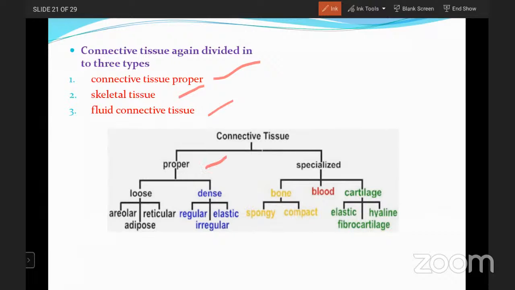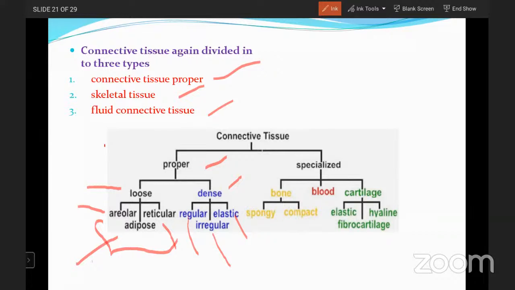The connective tissue proper is again divided into two types: loose connective tissue and dense connective tissue. Loose connective tissue is divided into three types: areolar, adipose, and reticular. And dense connective tissue is also divided into three types: regular, irregular, and elastic.